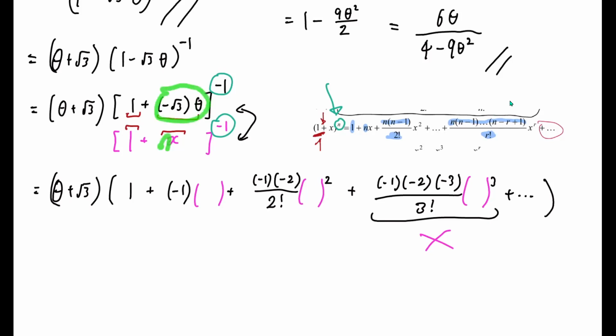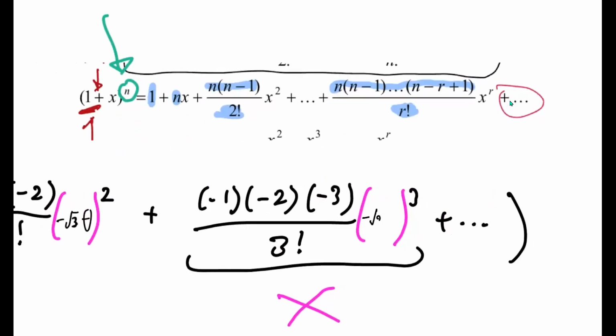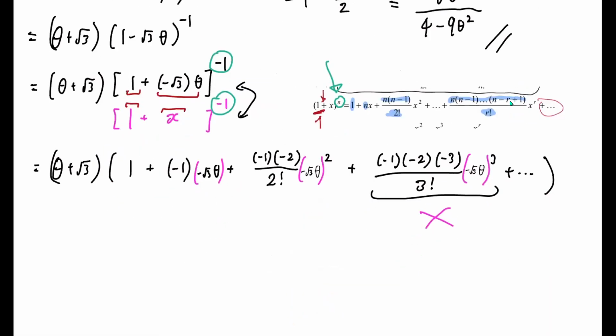The whole thing is x. So that means I should actually have -√3 theta here, -√3 theta here, -√3 theta here. Okay? See, x is -√3 theta.